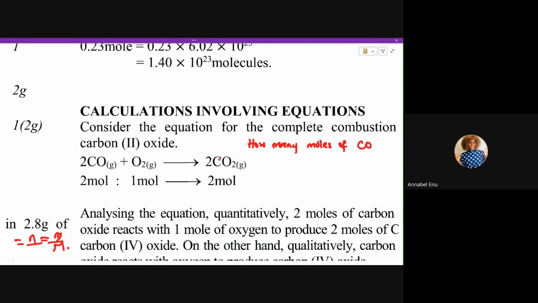How many moles of CO2 is formed from 0.5 mole of oxygen? It's 1 mole, right? That is it because we are following the relationship. So that is the stoichiometry in terms of mole ratio.